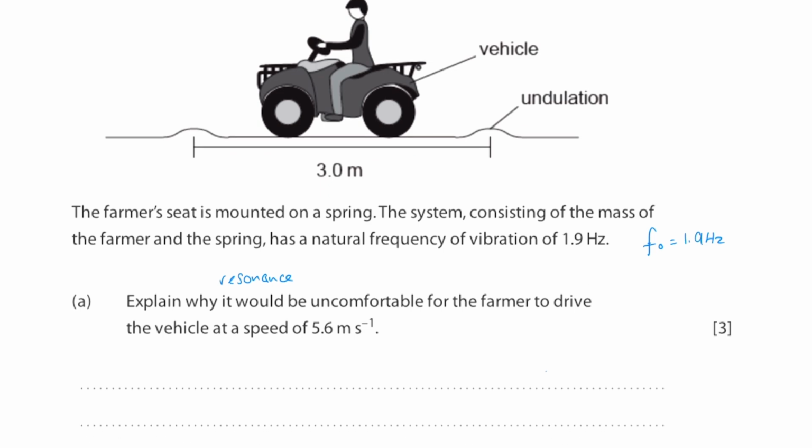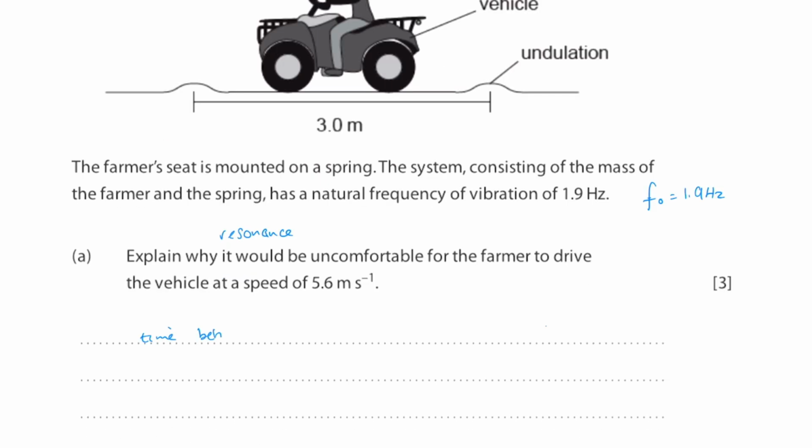So we have to show that the driving frequency of these undulations is equal to the natural frequency of 1.9 Hz. The time between undulations can be found using the speed equals distance over time equation. So time is equal to distance over speed, so it's 3 metres divided by 5.6 metres per second, and that gives us a value of 0.535 seconds.